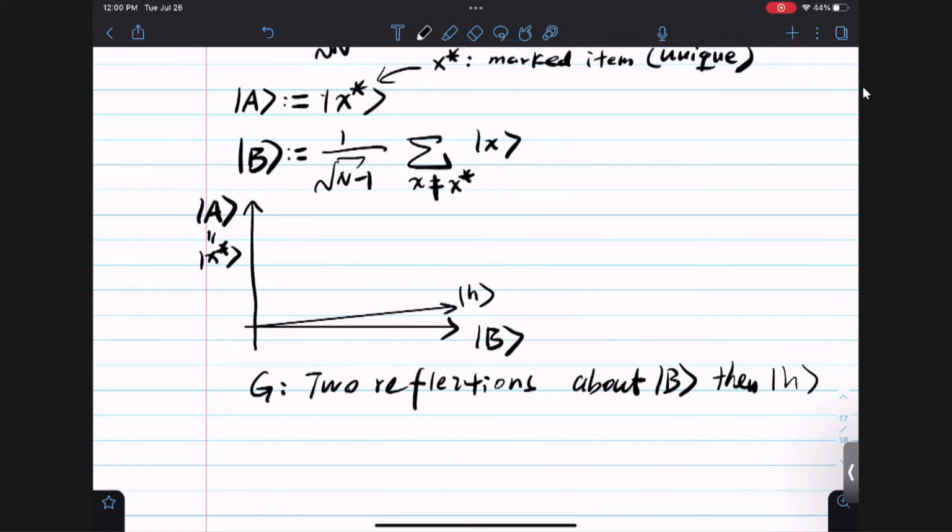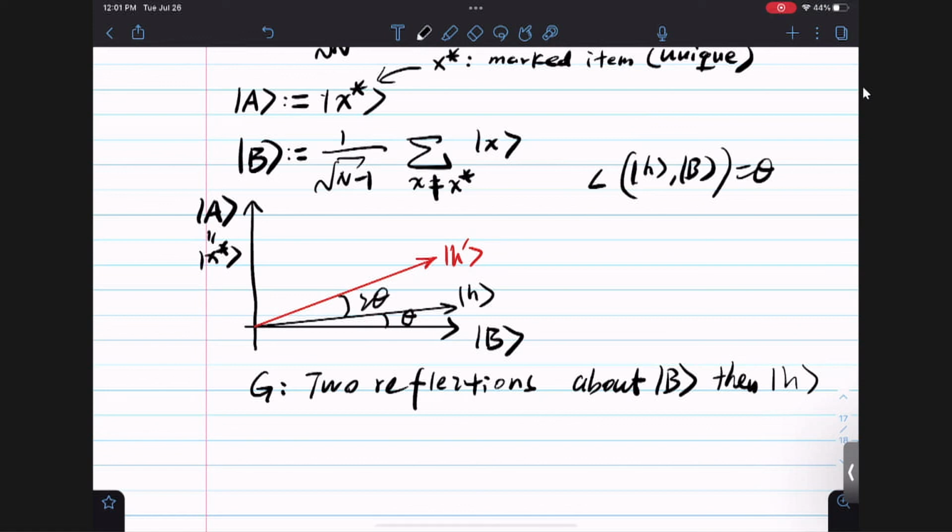And from the geometric lemma we just introduced, what would be the effect of these 2 reflections? It's going to be a rotation. And by how much? If we call this theta, so if the angle between H and B is theta, then this will be 2 theta, right?